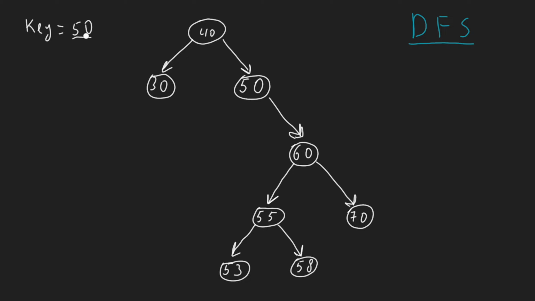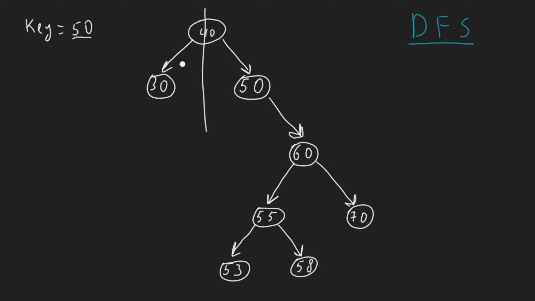We are searching for 50, starting from the root. If our key is more than our root value, which is 40 in our case, then we search for our value on the right side of the binary tree.